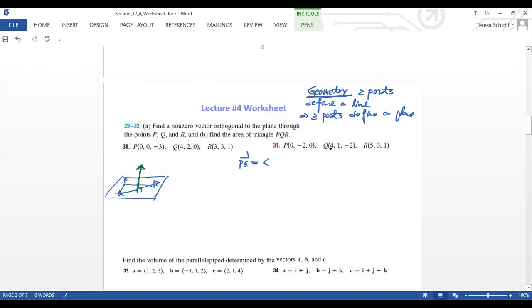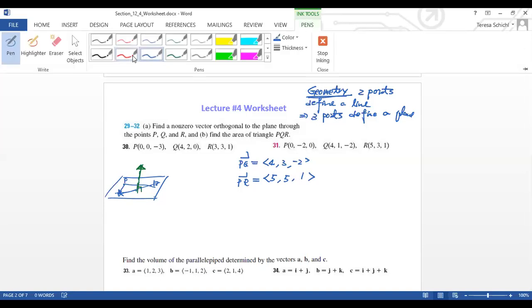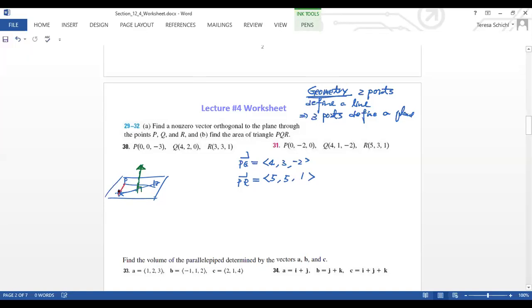PQ is Q minus P, so it's 4, 3, and -2, correct? So this is PQ here. Then I also have PR, right? PR is the vector 5, 5, 1. So I can define PQ, and I have defined PR.